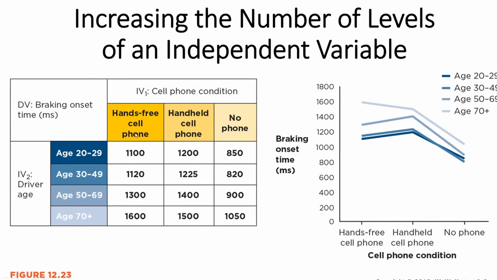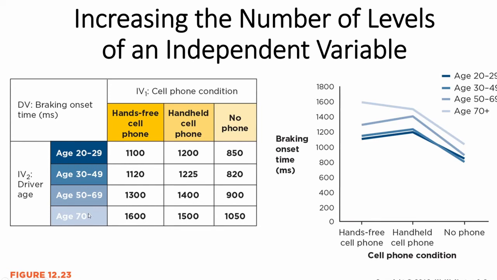So now we're still looking at hands-free, handheld, no cell phone conditions, but we now have 4 different age groups. So now we have this 3x4 factorial, where our first independent variable has 3 different levels, and our second has 4 levels.